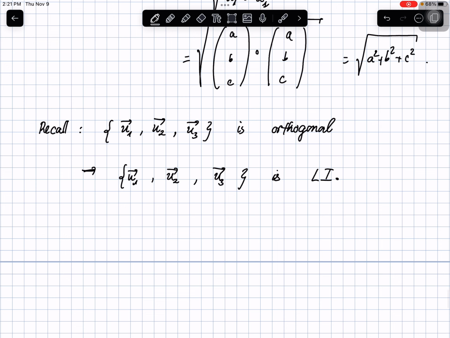They are three linearly independent vectors in R3, therefore they also span R3, which is equivalent to forming a basis for R3.